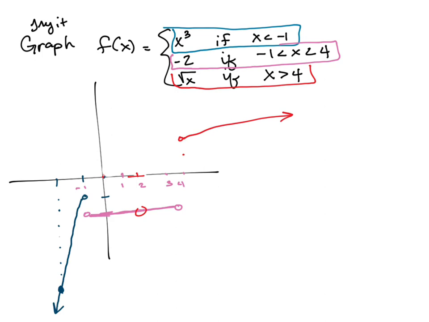Are you ready? What is f of 9? 3. Good. So 9 fits in the red one. It's greater than 4. So I plug a 9 into this function. Input 9, output 3.